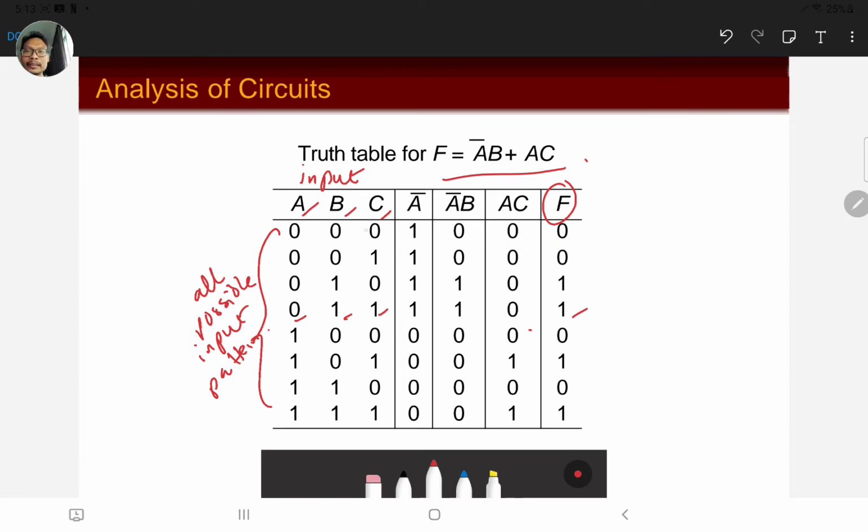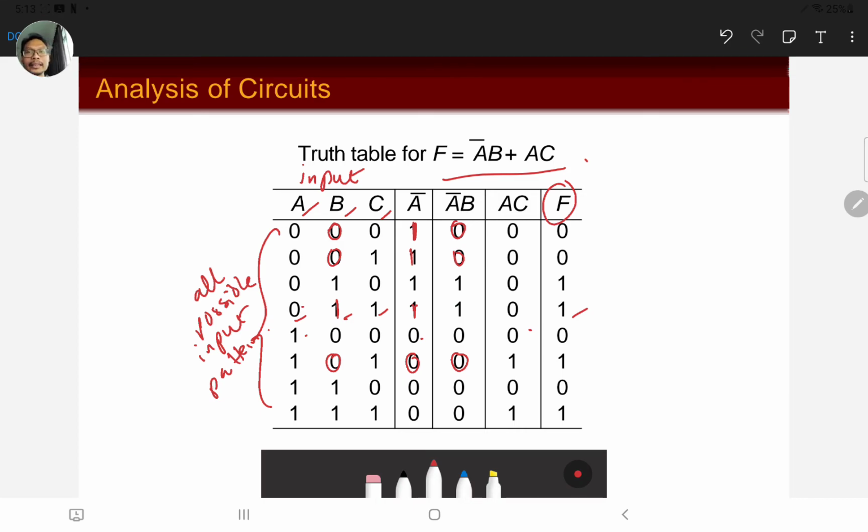To help generate F, we can also generate A bar, which is just going to be 1, 0, 1, 0, 1, 0, and so on. Then we can generate A bar B, which is an AND between these two. So 1 and 0 is 0, 1 and 0 is 0, and so on. For example, 0 and 0 is 0, and 1 and 1 is 1.